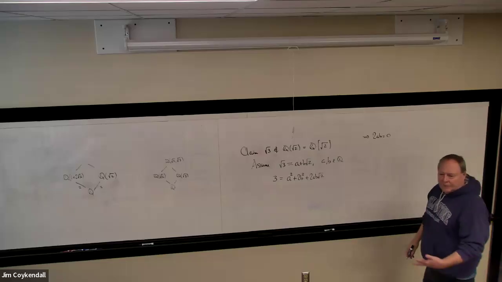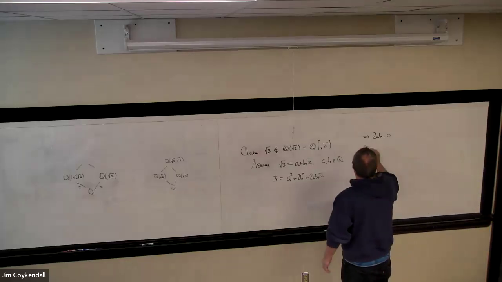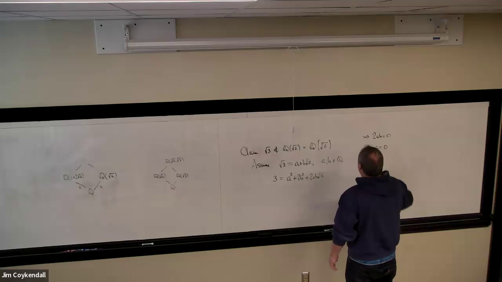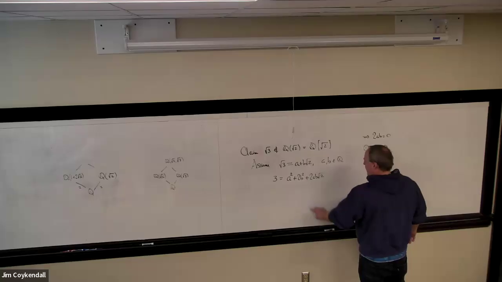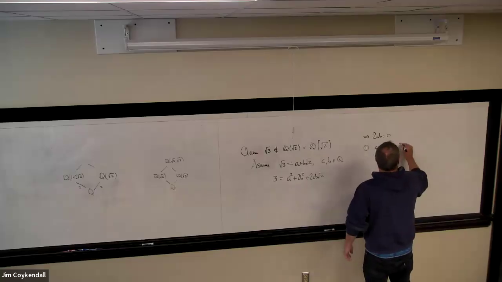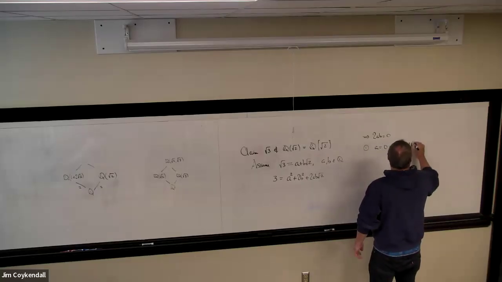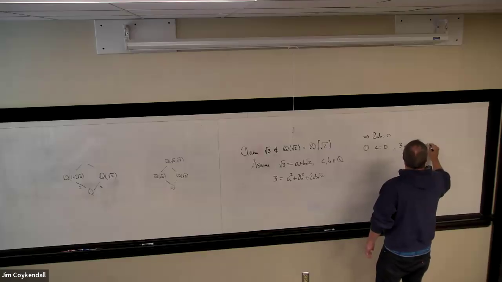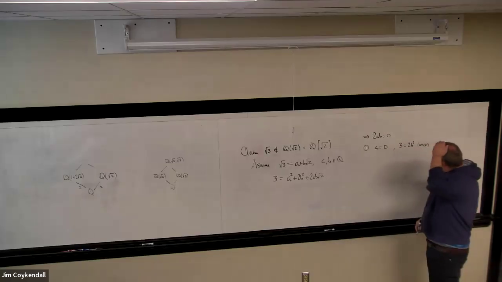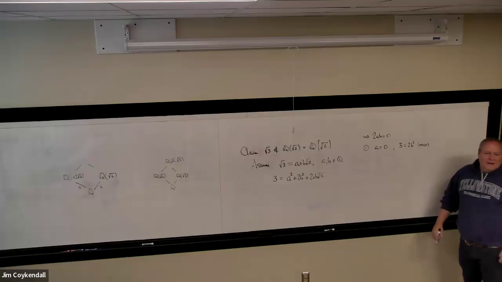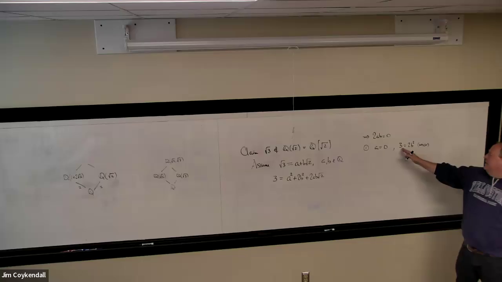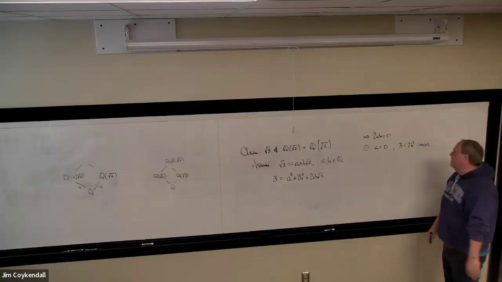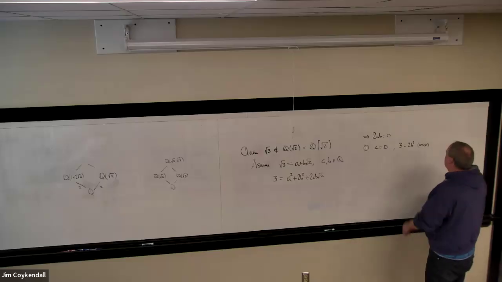Since we're talking about rational numbers, we've now got two cases. If a equals zero, then this gives me three equals two b squared, and that's a contradiction. I can take this further if you want. Is it clear that you could write b as a fraction? Let me go through the details just for giggles.